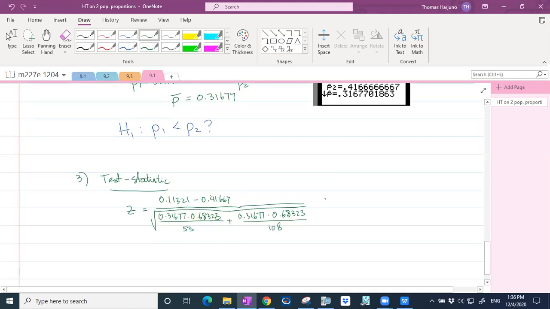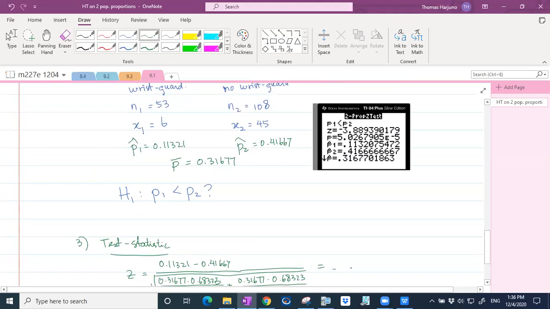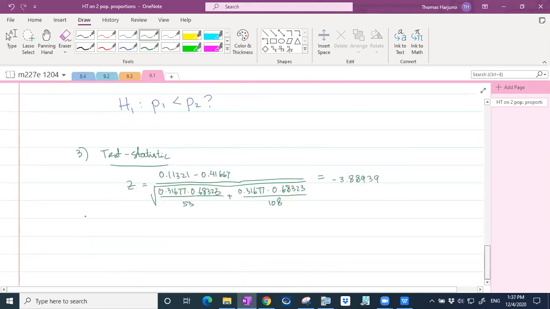Okay, you still need to write it, but then for the Z-score, you just quote from above, negative 3.88939. And then the p-value, that's negative 3.88939. You will say, oh, p-value is equal to normal CDF. So you pretend that you use calculator to compute it, right?